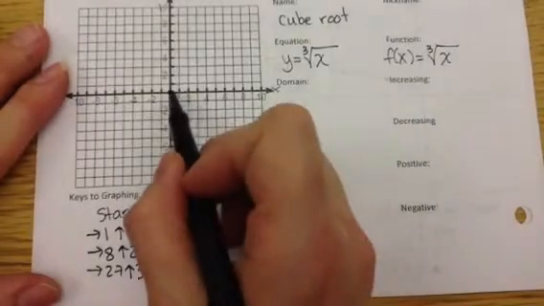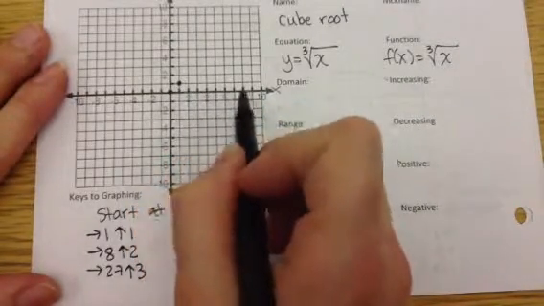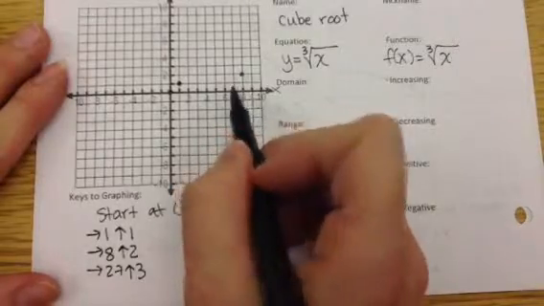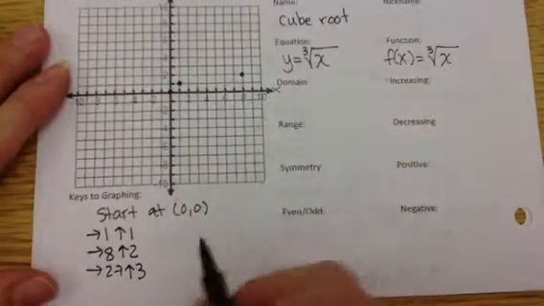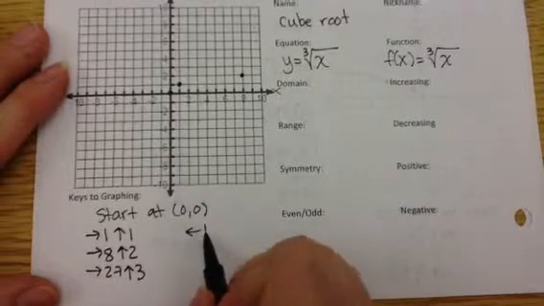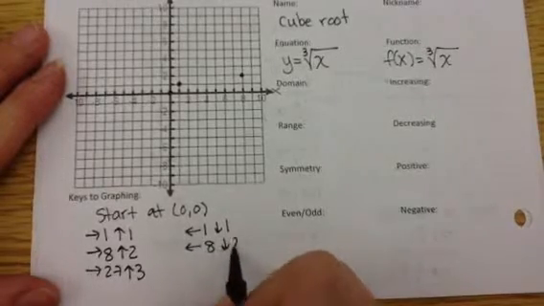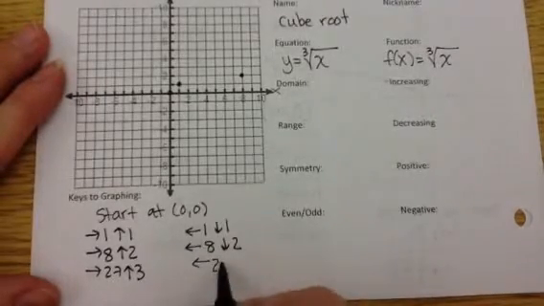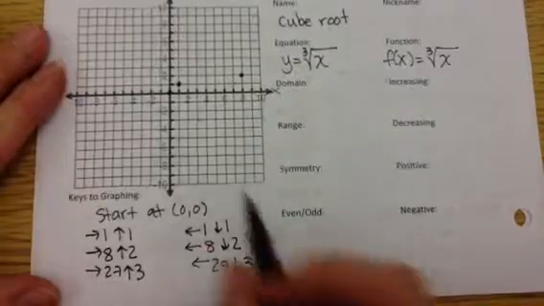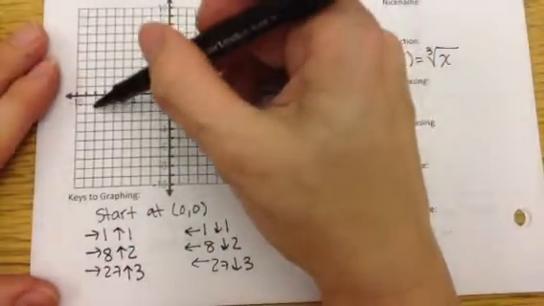So 0, 0, right 1, up 1, right 8, up 2, and then the 27 and 3 is off of our chart. And then in a similar manner, we'll be going left 1, down 1, left 8, down 2, and left 27, down 3. So left 1, down 1, and left 8, down 2.